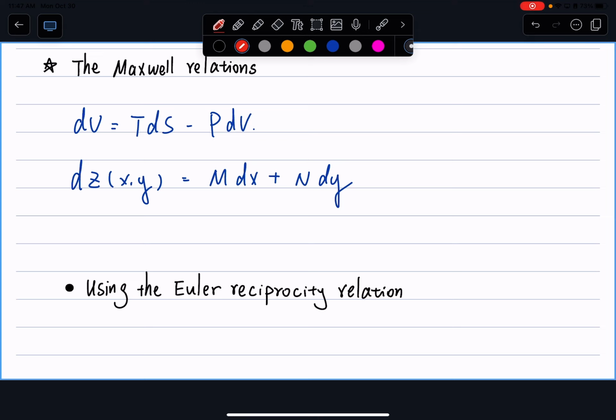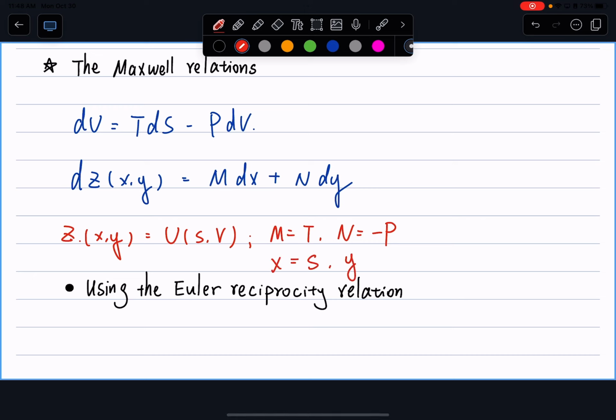So in this relationship, z, x, y is the same as U as a function of S and V. In here, our M equals T, N equals negative P, x equals S, y equals V.